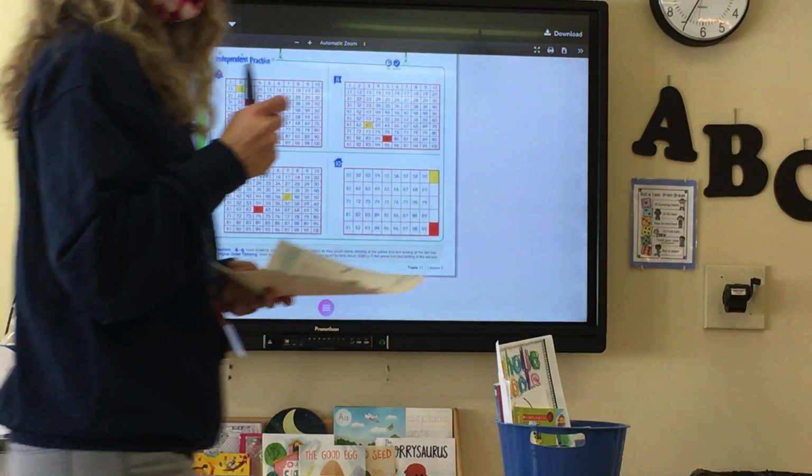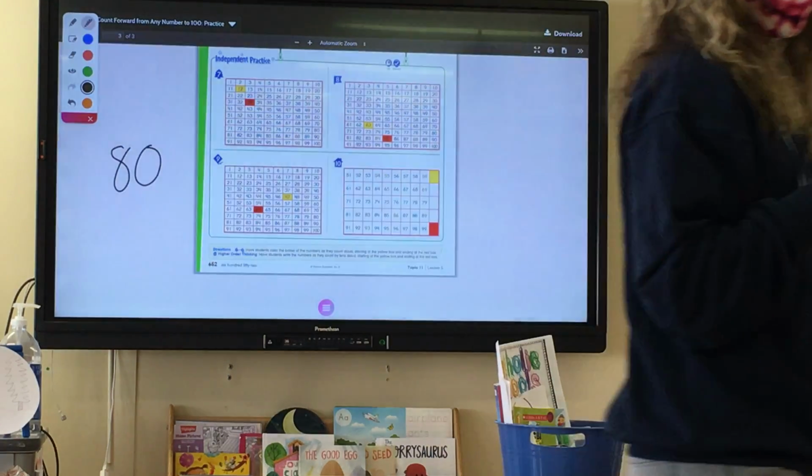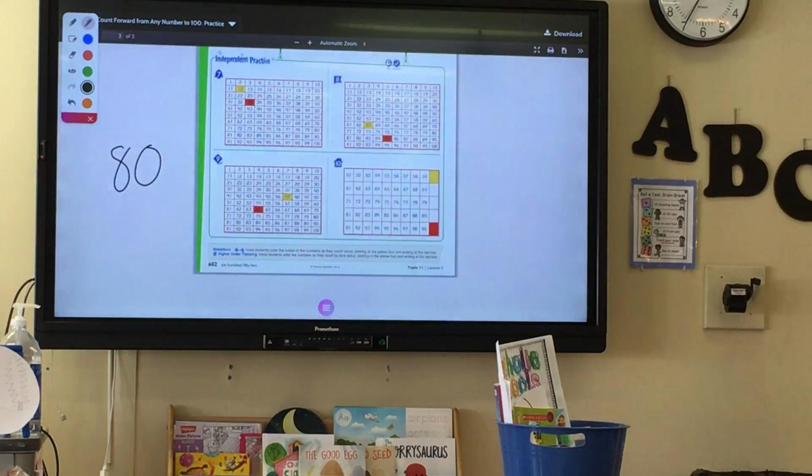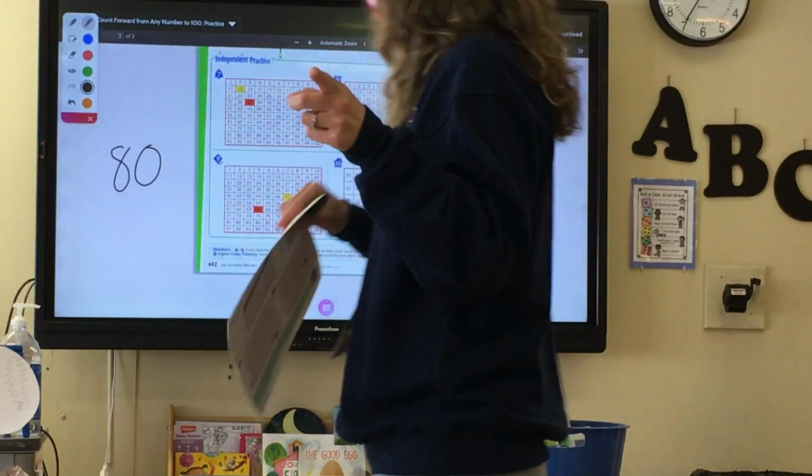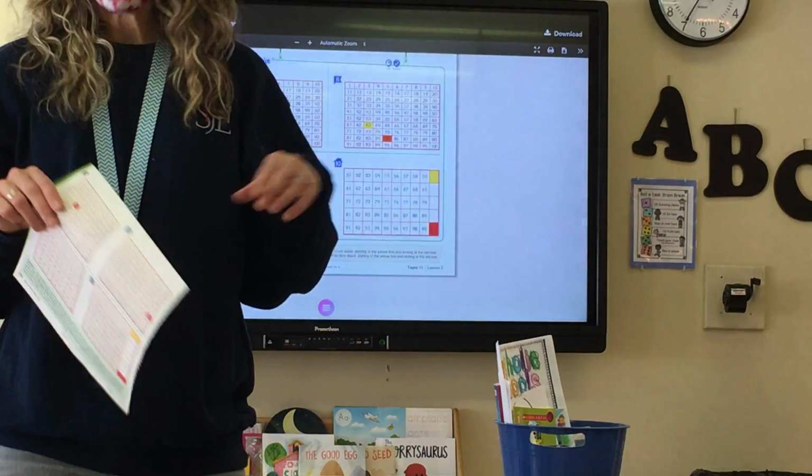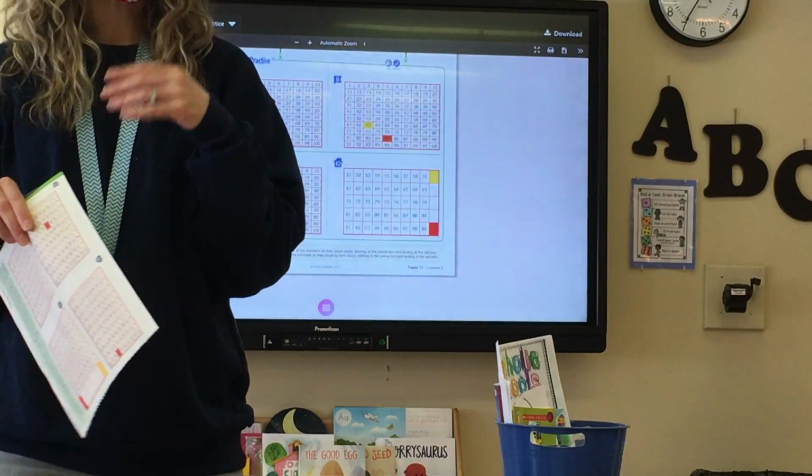Next row. 51, 52, 53, 54, 55, 56, 57, 58. Ah, there you go. You gotta stop. Stop on 58. Good. All right, once you get there, flip your paper over.